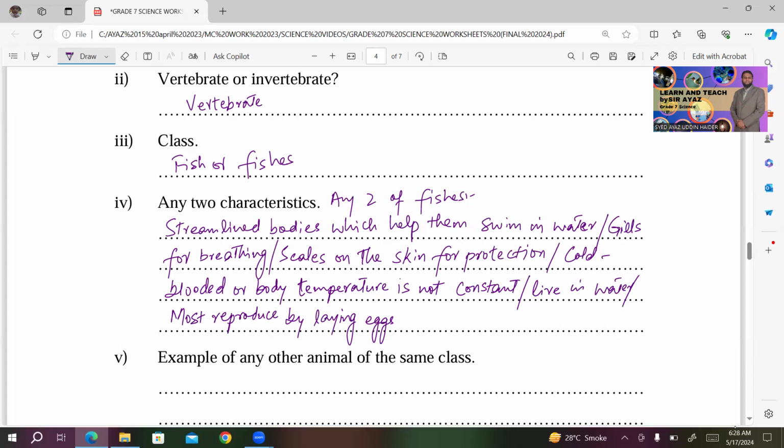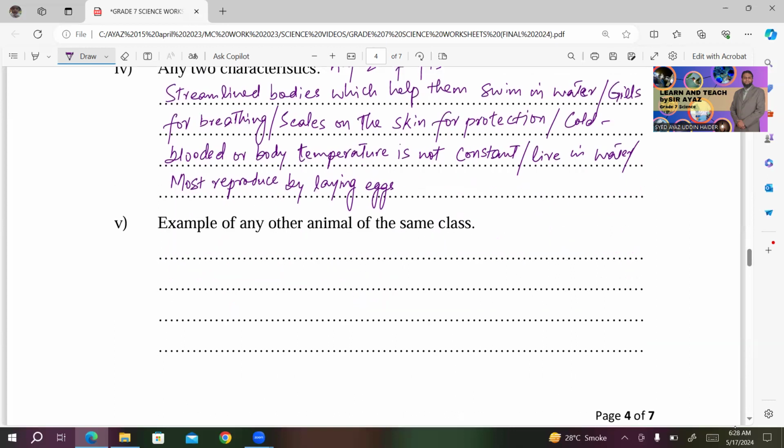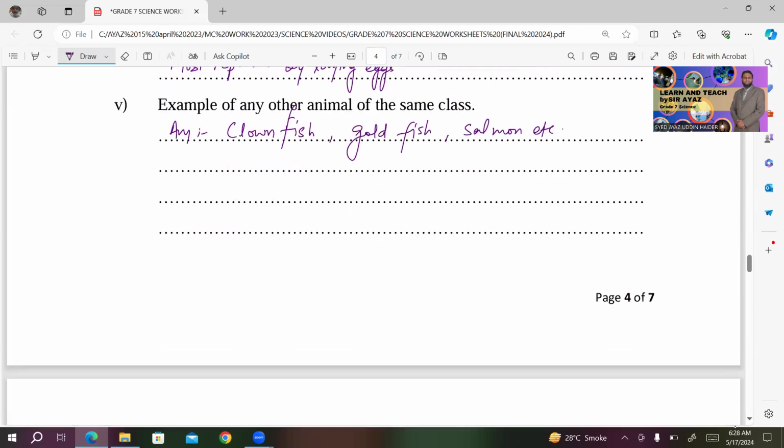They give birth to live young ones. Examples of any other animal of the same class, any. Like clownfish, goldfish, salmon, etc. It's a totally knowledge-based question.